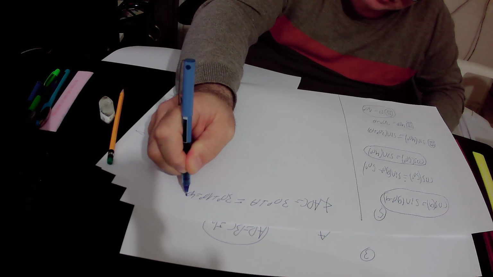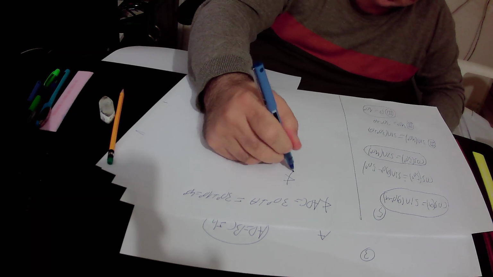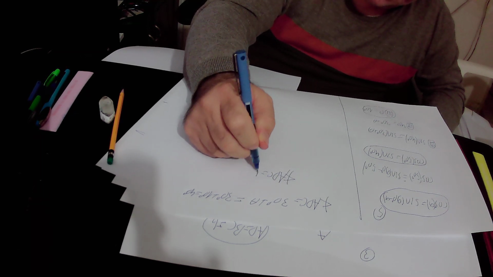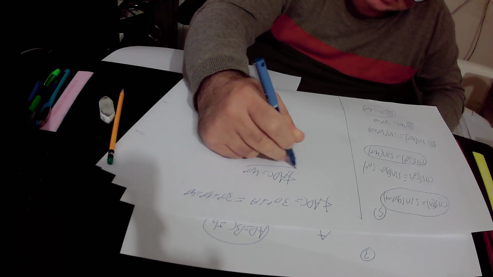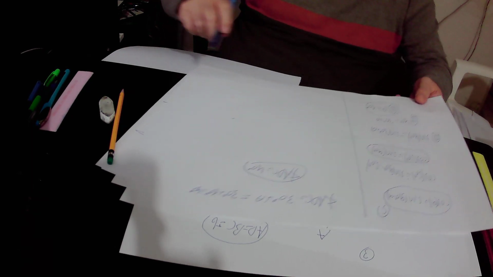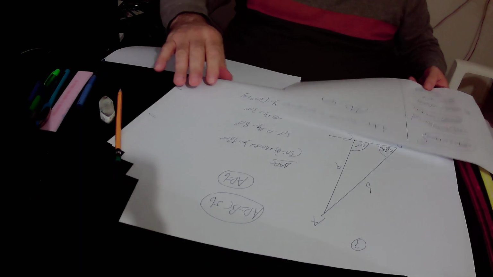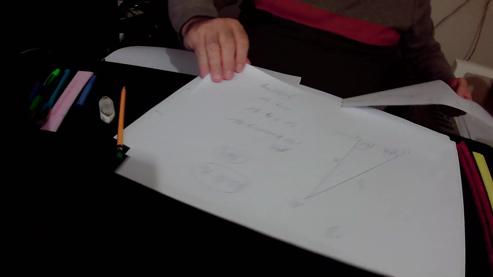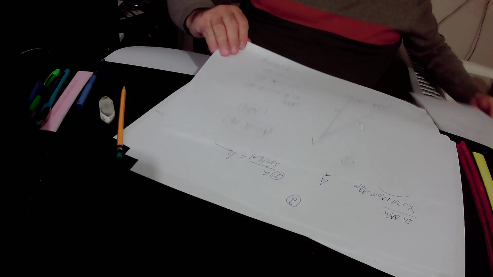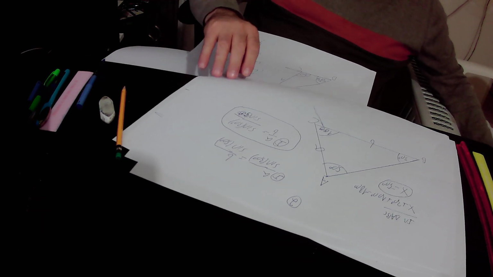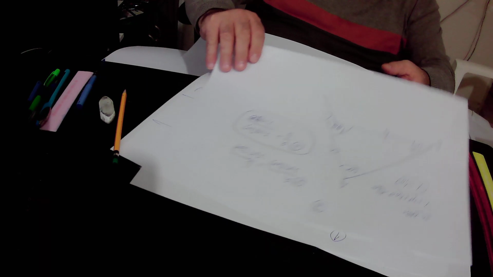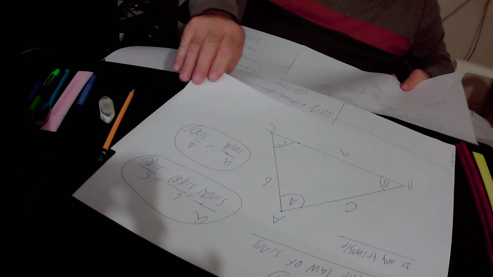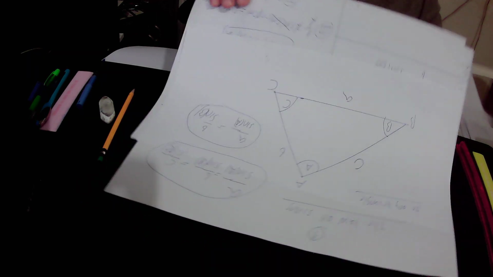So the angle that we are looking for, angle ADC, equals 40 degrees. And we actually finished with the first method. The value of angle ADC is 40 degrees.